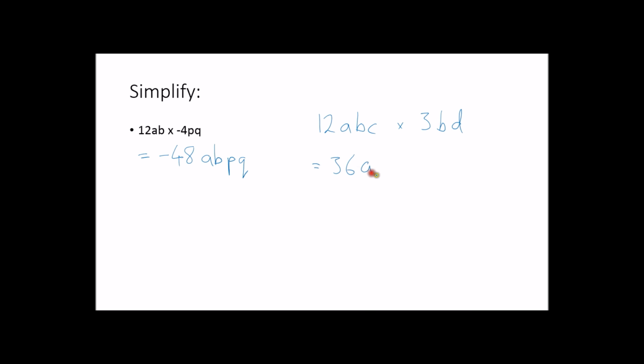We've got A. The only tricky bit here is we've got B times B, and B times B, we don't write BB, we write B squared, and then C and D are unchanged. So the only time that it might get slightly tricky with multiplication is if you've got the same term and you're going to raise it to a higher power, so B squared in this case. And other than that, it should be pretty straightforward as long as you're careful with your directed numbers.